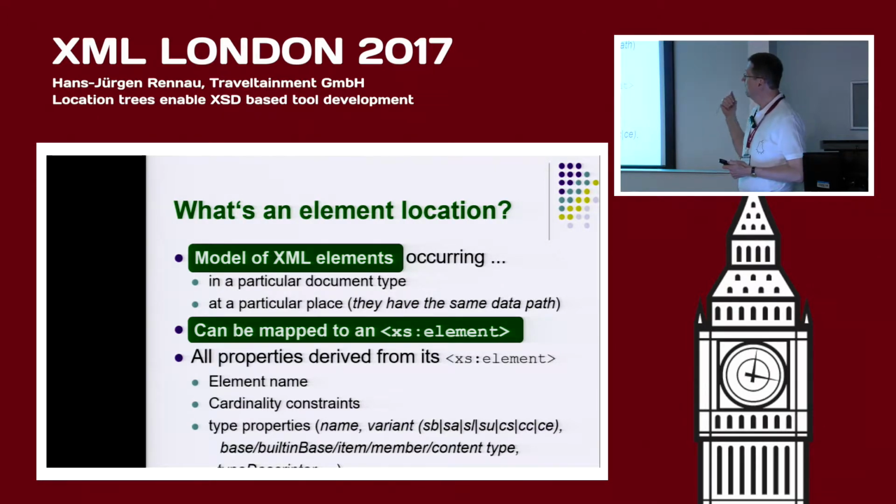Therefore, one can regard element locations as the use of an element declaration from the schema in a particular context, a particular place in a particular document. And everything I've said about element locations can be transferred to attribute locations.